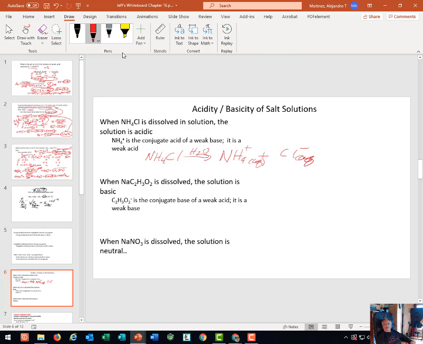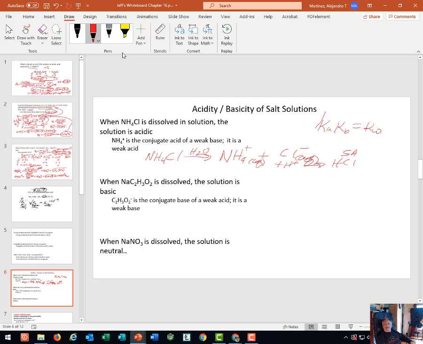All right, so let's examine the chloride ion first. Well, the chloride ion, if I added a proton to this chloride ion, so if I just added H+ to that, what I would get is HCl. Well, HCl is a strong acid. It is a strong acid, it's a strong electrolyte, it dissociates completely. And remember, the Ka-Kb relationship with respect to Kw.